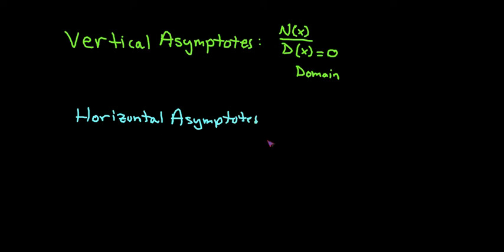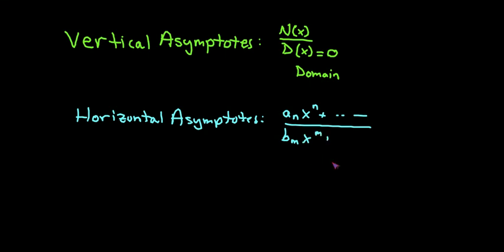If I look at a function, and let's say up on top here I have a sub n, x to the n, plus and so on the rest of the way out, and on the bottom I have b sub m, x to the m, plus all the way out.